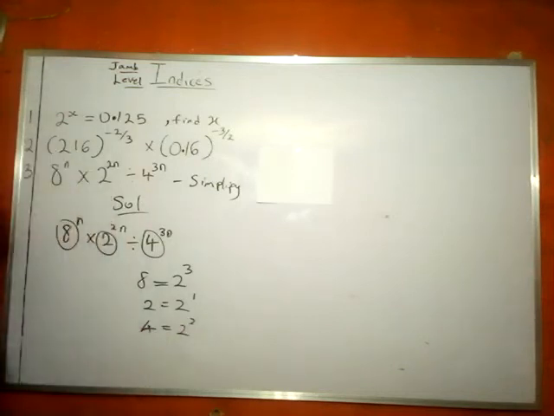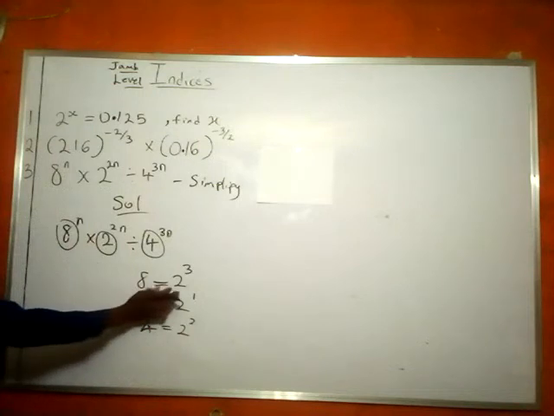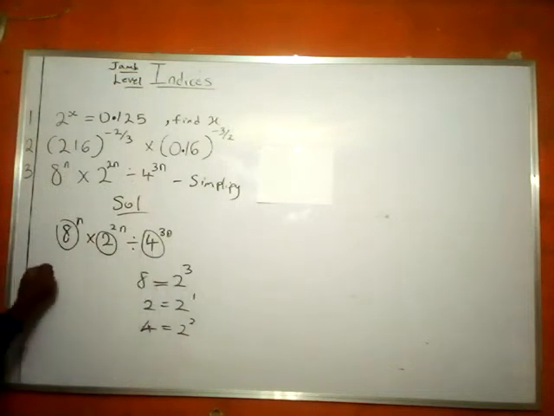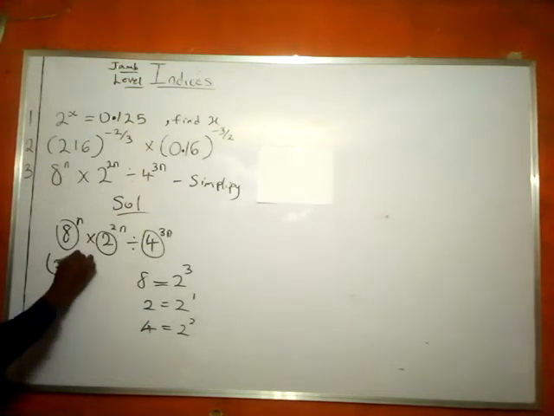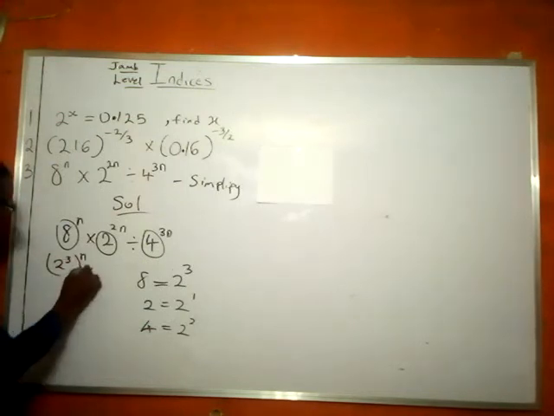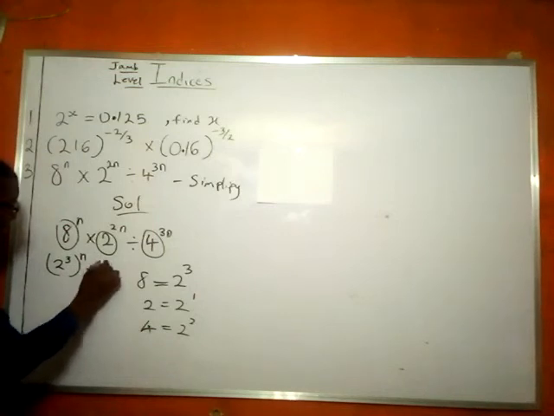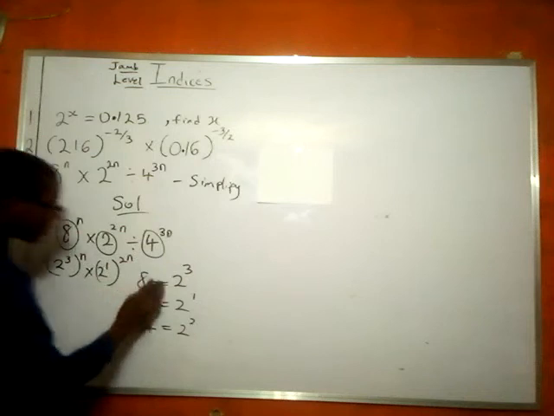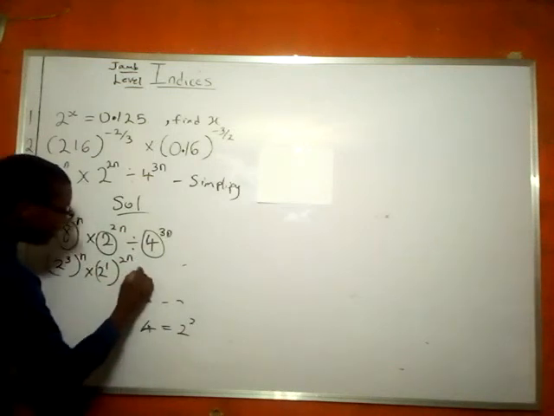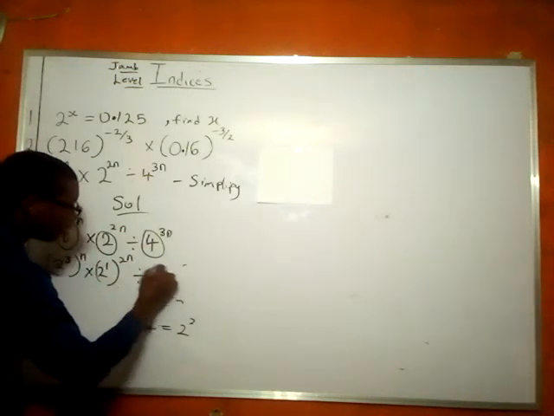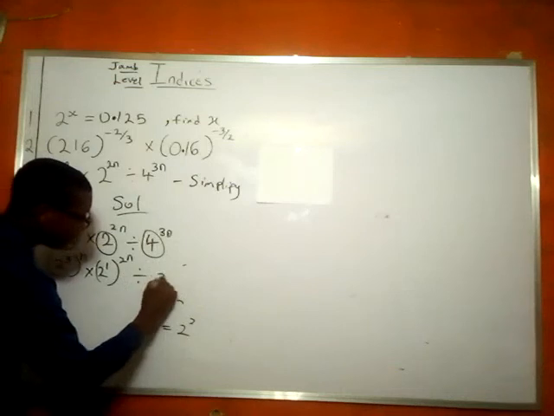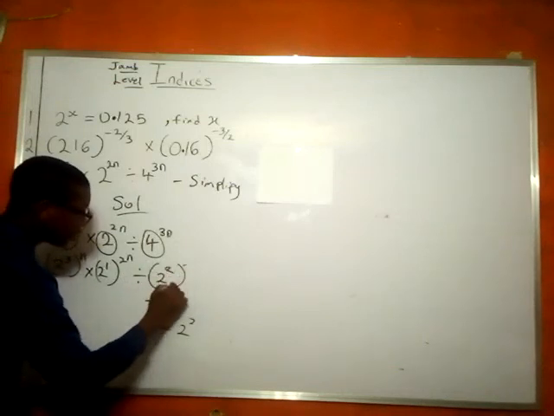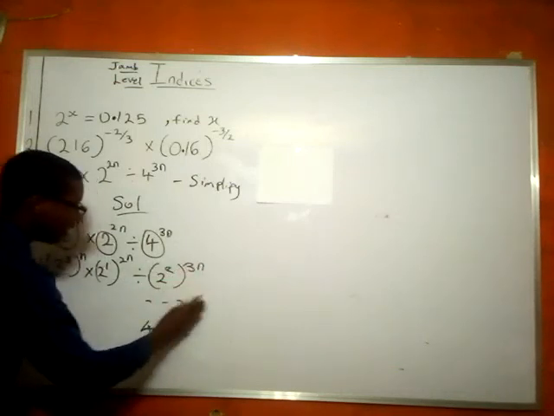Now, let's simplify further. Substitute 8 with this. We will have open bracket 2 raised to power 3 close bracket raised to power n, multiplied by 2 raised to power 2n, divided by open bracket 2 raised to power 2 close bracket raised to power 3n.